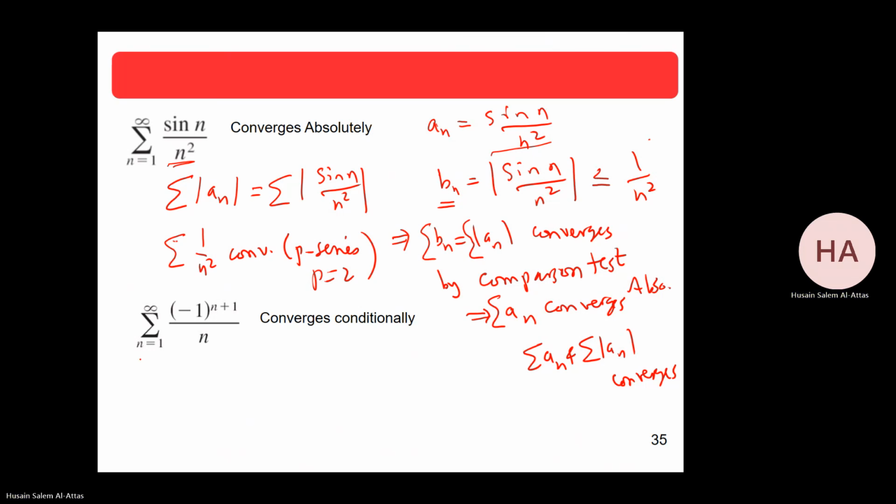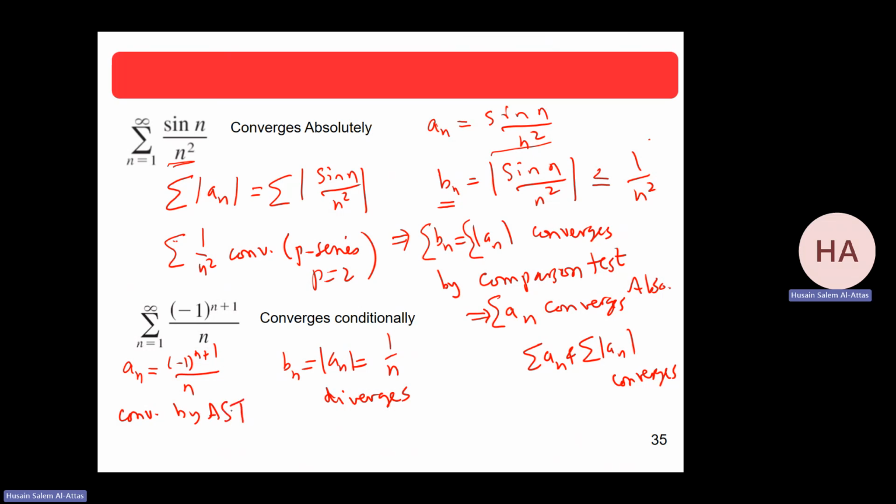Okay, this one. Now, if I take my a_n as this, and my b_n is the absolute value of a_n, which is 1 over n, I know this one diverges. And the original one converges easily. I can check it by the alternating series test. Actually, we did it before. So the original series converges, and its absolute value diverges.